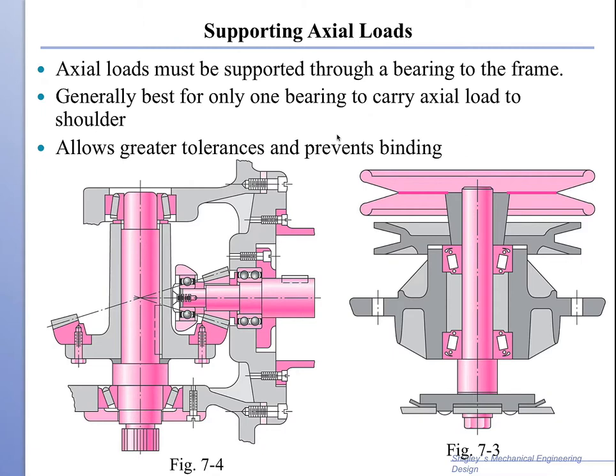Now the other point is that when the shaft is to transmit some axial force, the axial force has to be taken up by the structure. The structure is right here. So how do you take up the axial force on the structure? Usually at one location only you have one bearing, and you can see these are cylindrical bearings right there.